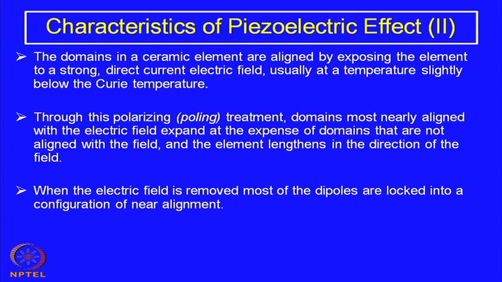When the electric field is removed, most of the dipoles are locked. That is what we have also discussed earlier through the illustration, that they are mostly locked because the remnant polarization is very high.